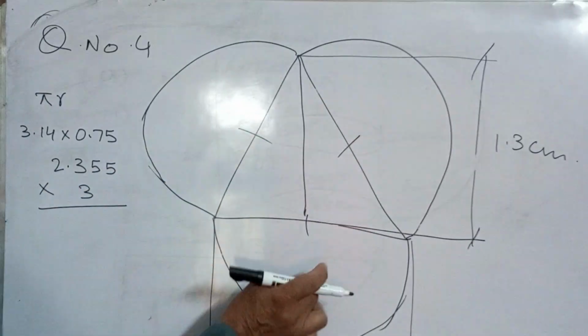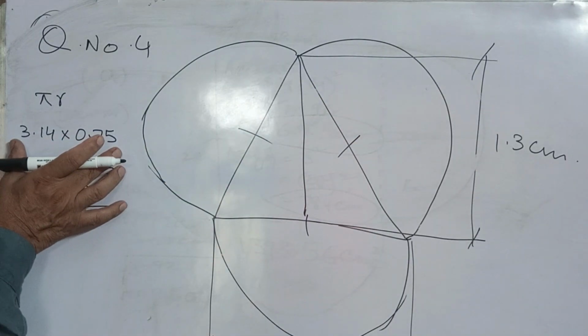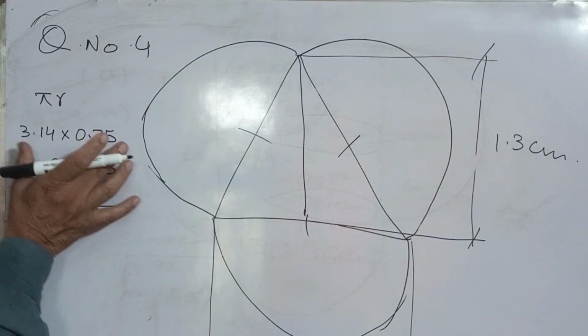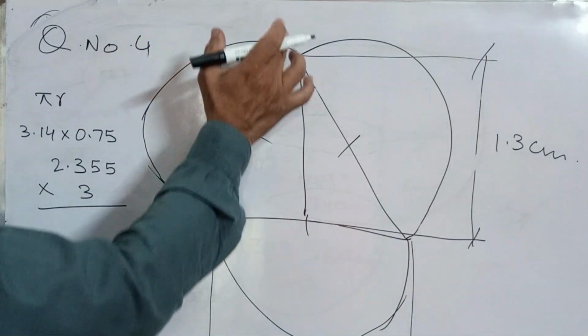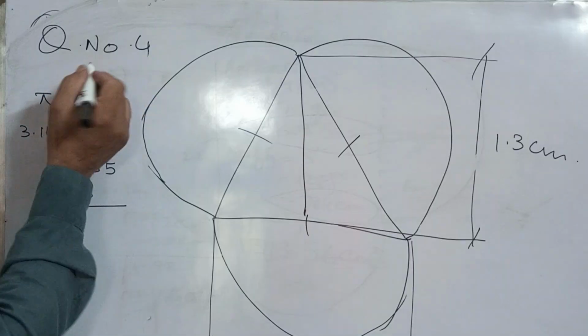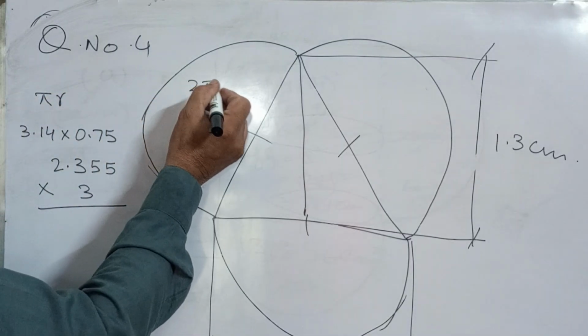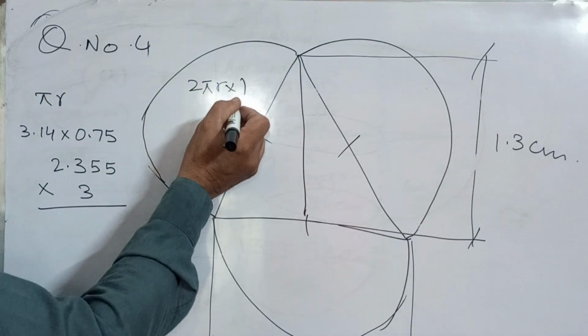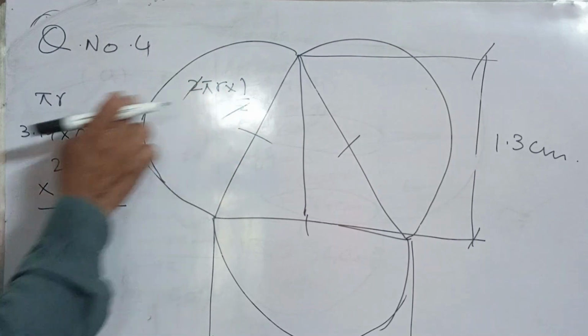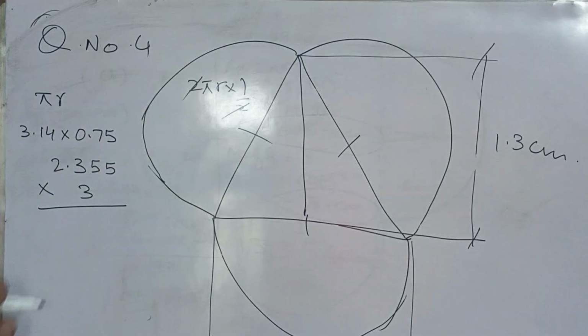We have found the circumference of a half circle, which is only pi r, so now I'll multiply it with 3 to get the 3 half circles.